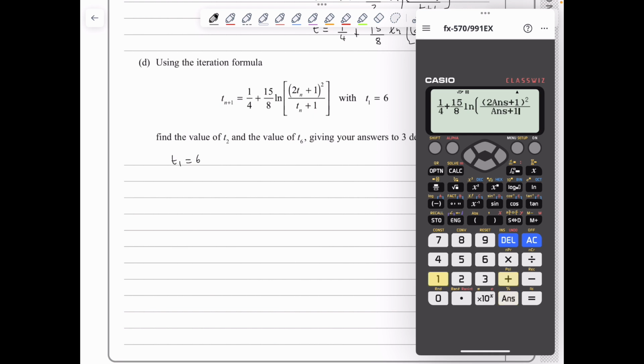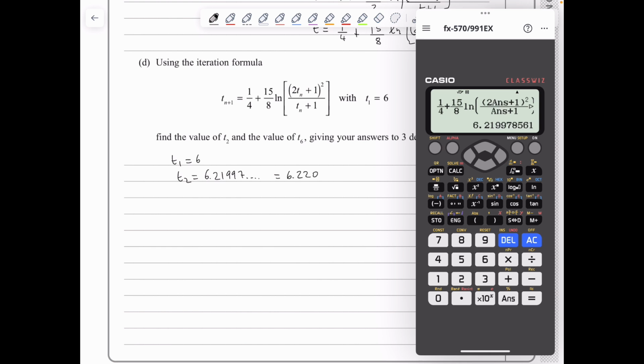So the answer key is holding the 6 at the moment, and every time I press the equal sign, it's a new iteration, so it's the next value for t. So if I press it once, I get 6.21997 dot dot dot. Remember, we're trying to give this to 3 decimal places, so it's going to be 6.220.